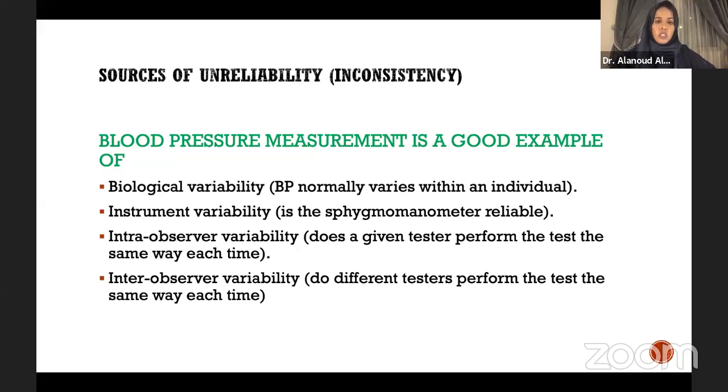That's why we always stress as a nephrologist that we never rely on one reading, because your sleeping blood pressure is different than when you're awake, when you are after exercise is different than when you are at rest. When you are upset or nervous, your blood pressure readings might be high. So there is certain biological variability, variability related to the instrument itself, and variability related to the observer who is doing the test, and in between patients.